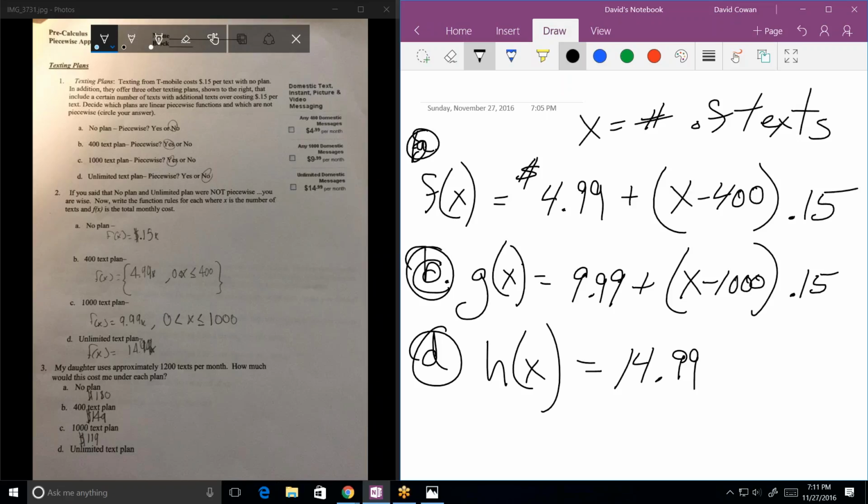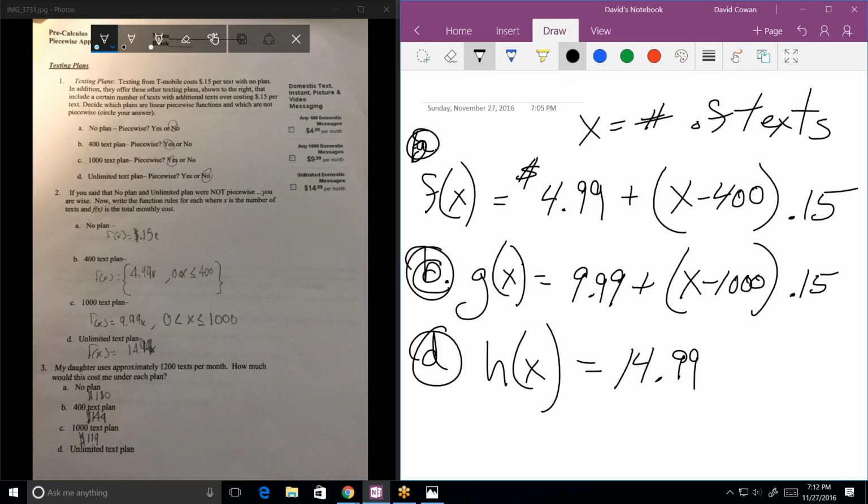And in fact, if we were to graph these three functions as one, in other words, if we want to call them all f of x and make it a piecewise function, then the final part of that graph would be a horizontal line.